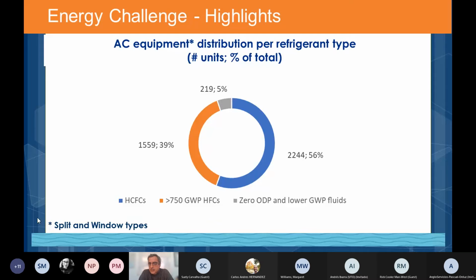And surprisingly, the data shows a small amount of low GWP and zero ODP, perhaps due to misidentification. Next slide, please.